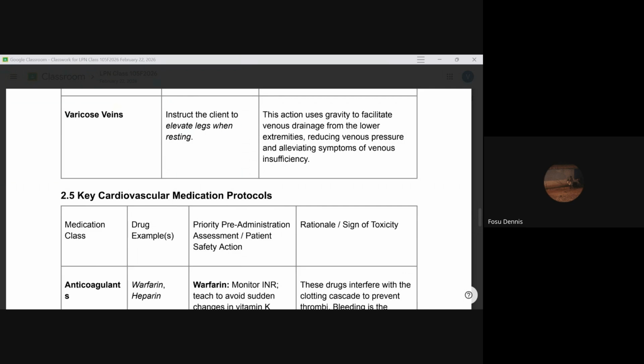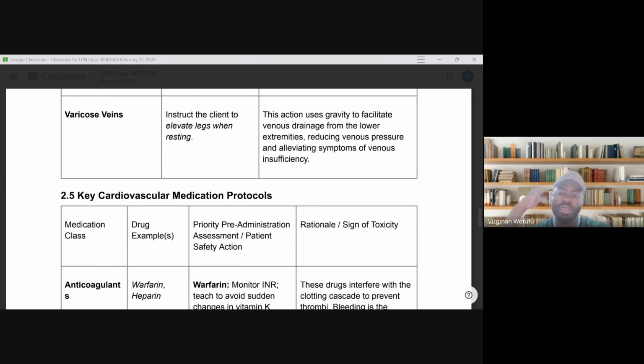Excellent. So those are the three hallmarks of the Cushing's triad. These are late signs of increased intracranial pressure. And in pediatric clients, you often see a bulging fontanelle and irritability as well. These are all emergency situations that require immediate escalation.